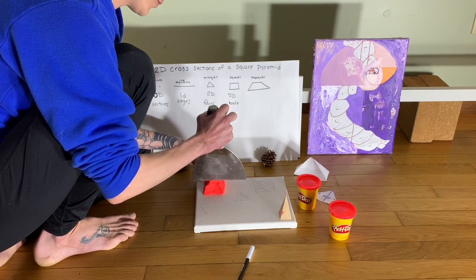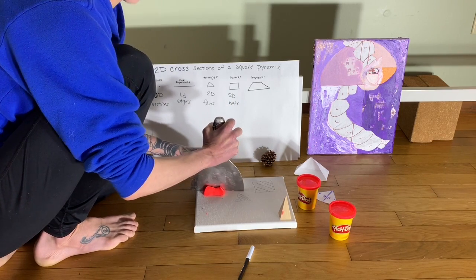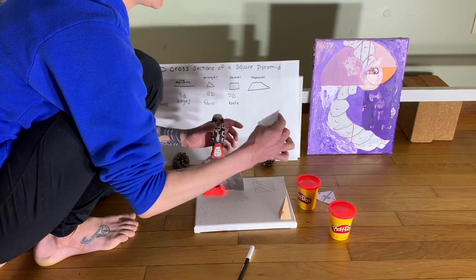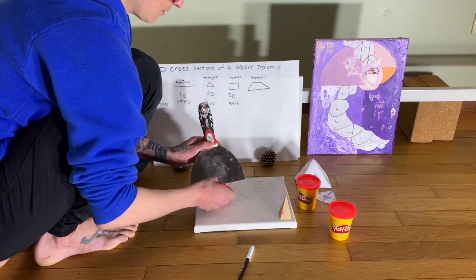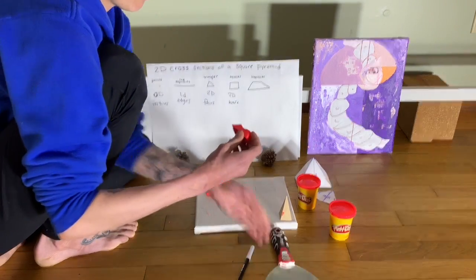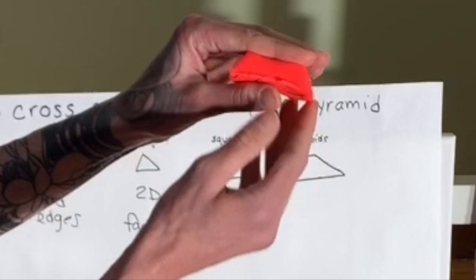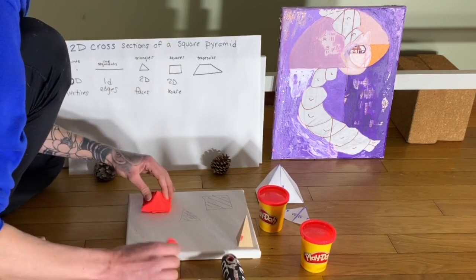So if I come forward or go backwards from the apex, then I ignore the pointiness of the apex and I utilize the flatness of a little bit off of the apex. So then when I pull it away, you'll see that it's a nice trapezoid. So we can get trapezoids.